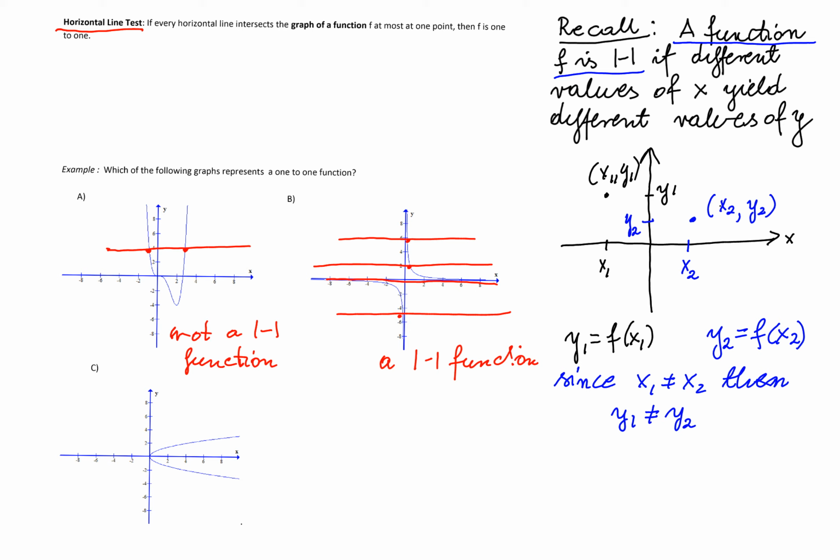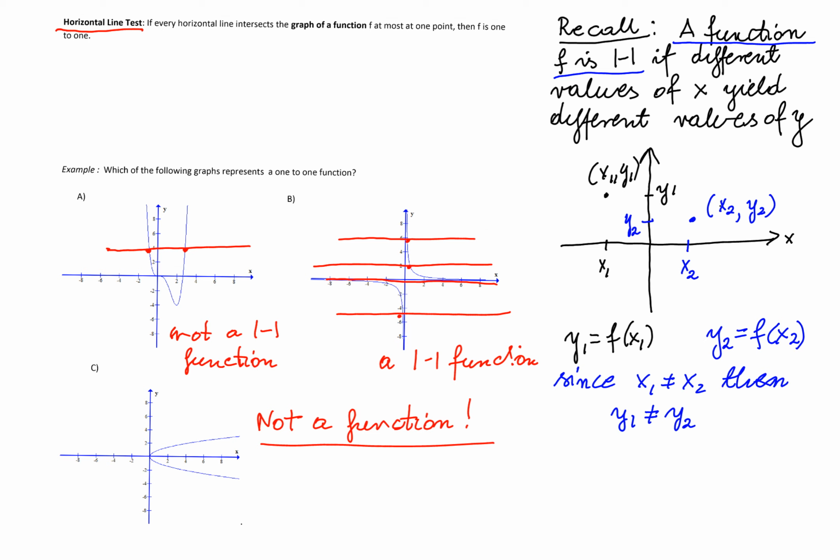Now let's look at part C. Now you have to be careful, this is a tricky question. This graph does not represent a function, not a function. And therefore there is no point in figuring out whether it is a one-to-one function or not, because it's simply not a function.